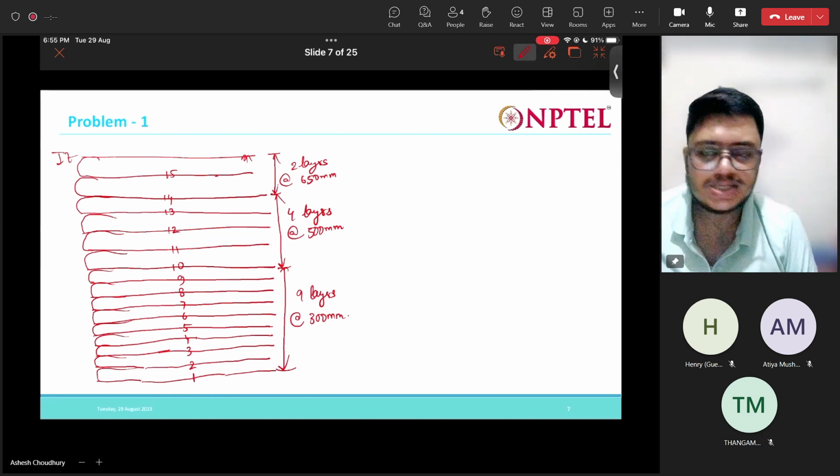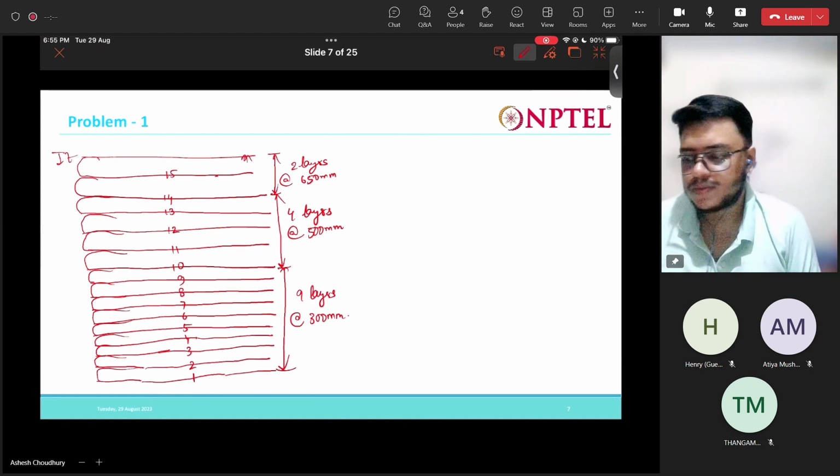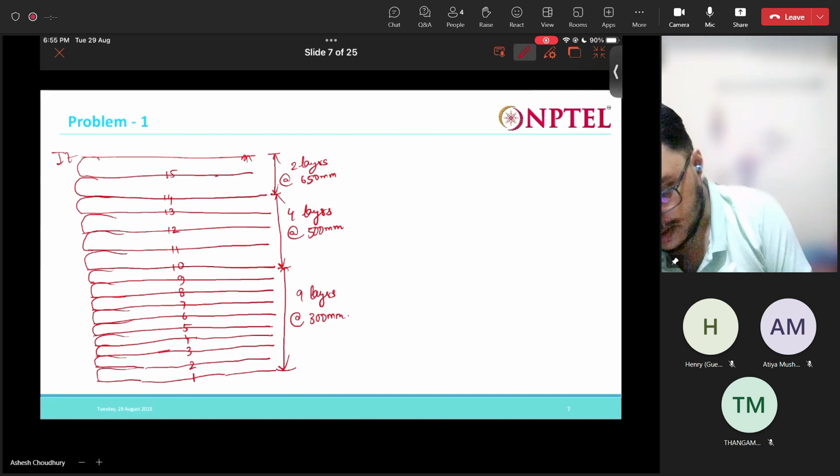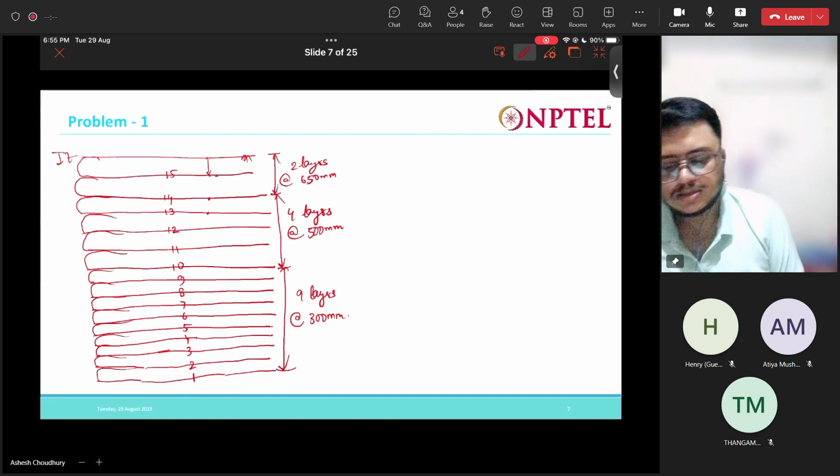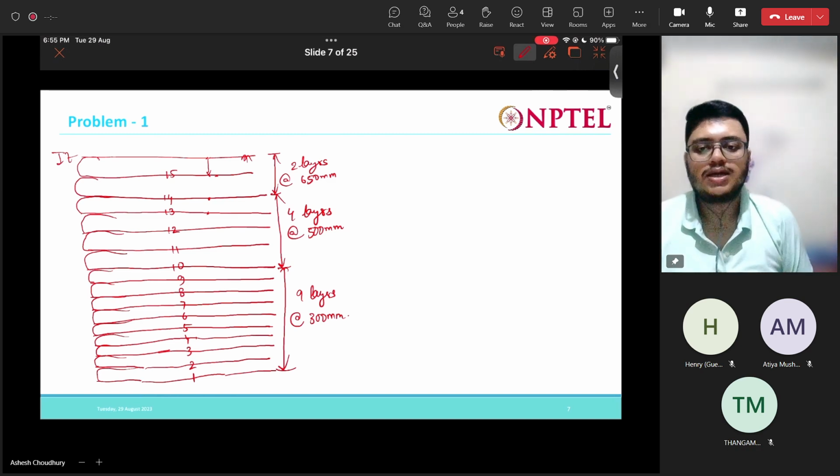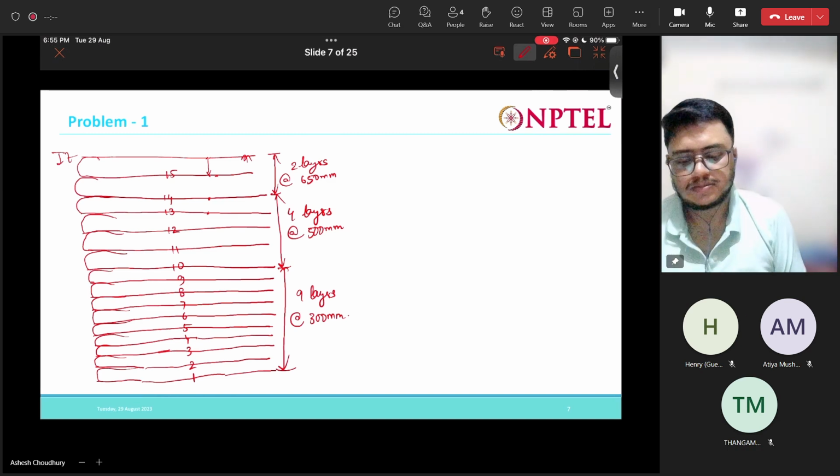These are spaced at 0.65, so 0.65 meters. From here to here it is again 0.65 meters. So from the top it will be 1.3 meters. Then 1.3 plus 0.5 here, so layer 13 is 1.8 meters. Like this, you need to write all the depths.